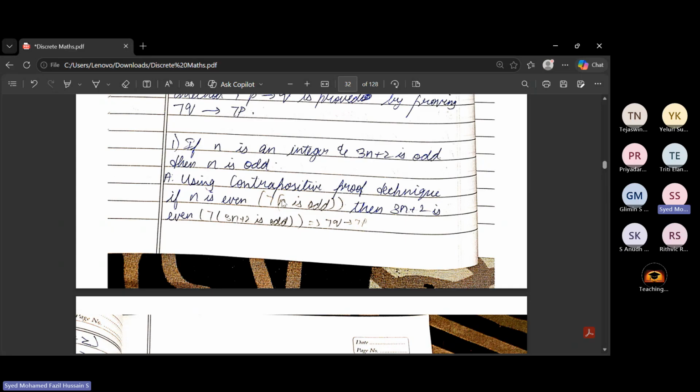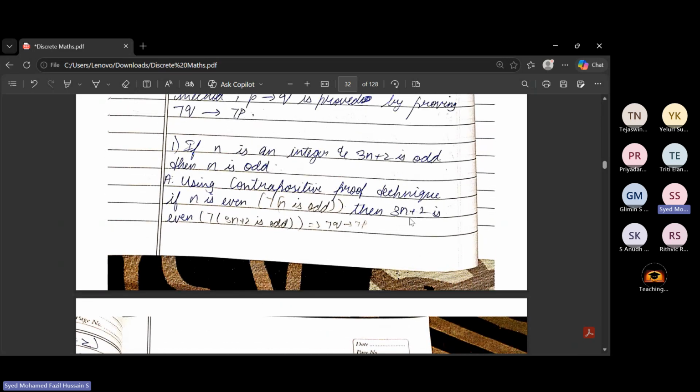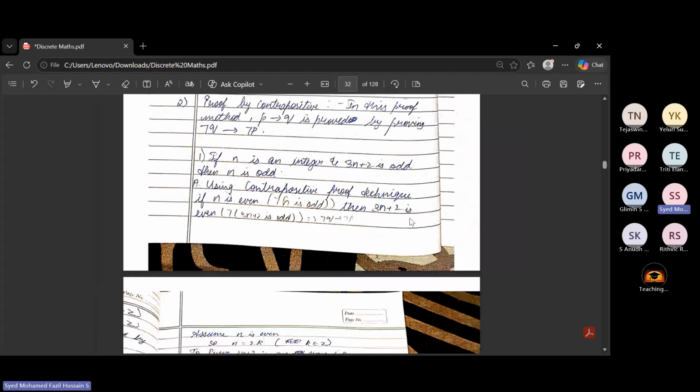So here, n is odd comes first instead of second, and we are negating it, that is n is even. And 3n plus 2, the first statement, is coming second, and we are negating it: 3n plus 2 is even. So right now we have gotten the contrapositive and we have to move further on it.